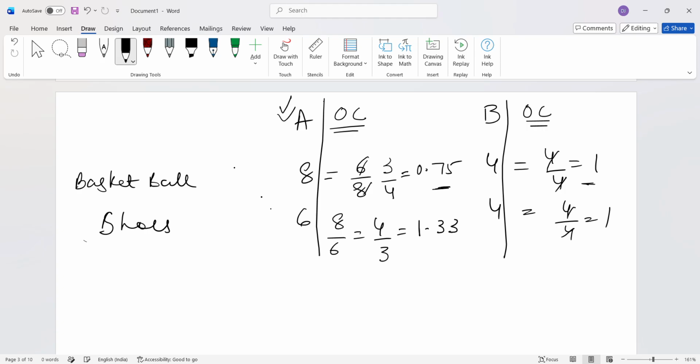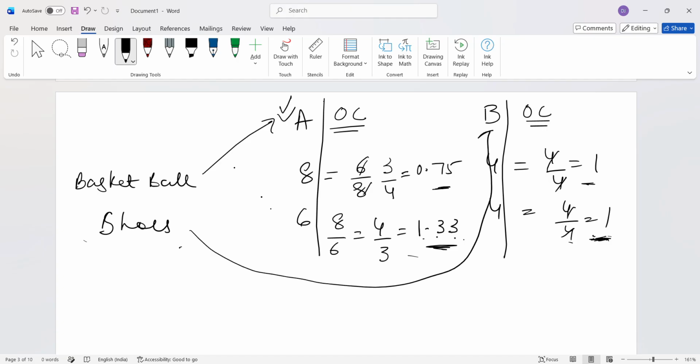So country A would be producing basketballs and exporting them, specializing in the production of basketballs because it has a lower opportunity cost. If I compare the opportunity cost for shoes, then obviously country B has a lower opportunity cost. 1.33 is higher than 1. So country B would be specializing in the production of shoes and would be exporting those shoes.